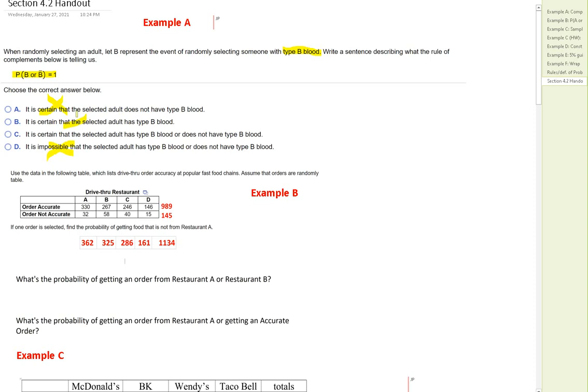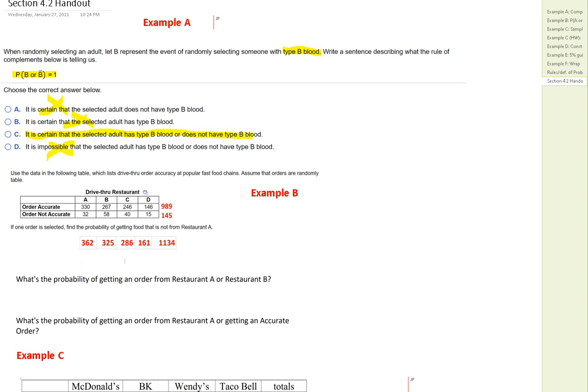Well, they could also have something other than type B blood, so that one's not right. Finally, this one looks like it works pretty well. If it is certain, meaning probability of 1, that the selected adult has type B blood or does not have type B blood, which sounds kind of silly, but that's what it's saying here. Basically, it's saying that one of those two things will happen.